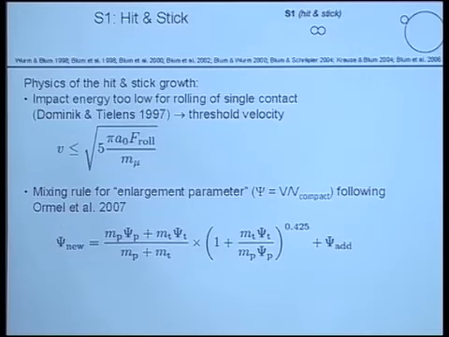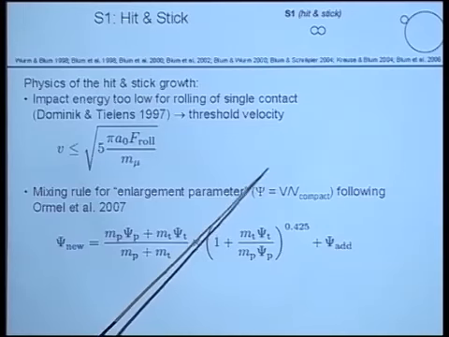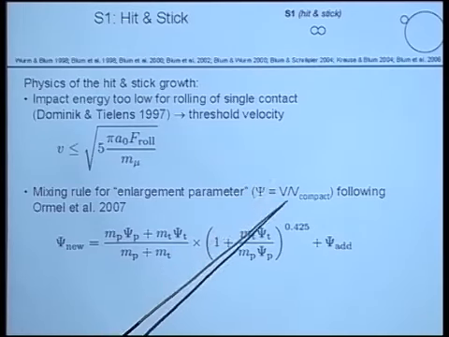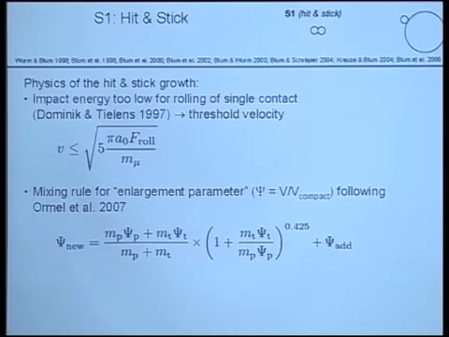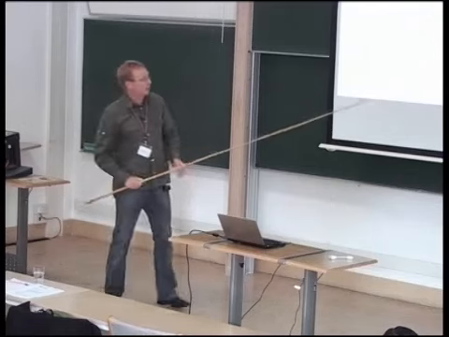And if two fractal particles of different masses collide, they still form a fractal, and we don't deal with fractality here, but with porosity. And the parameter that Chris Ormel invented is the enlargement parameter. This is the volume that a fractal encompasses somehow, divided by the volume it would have if it was compact.